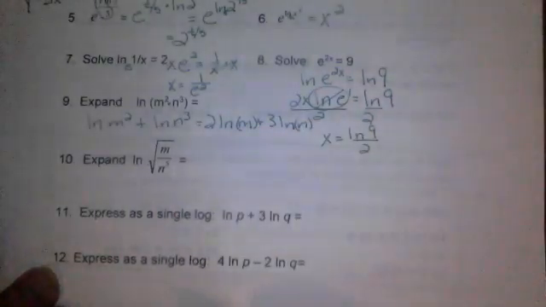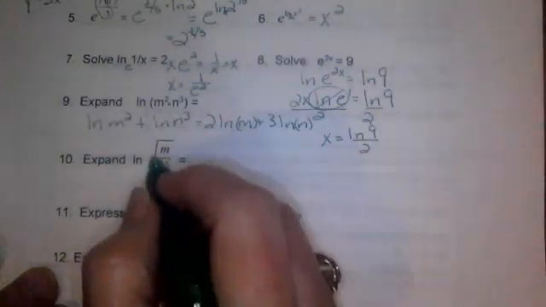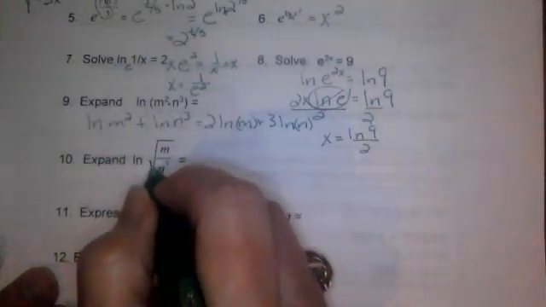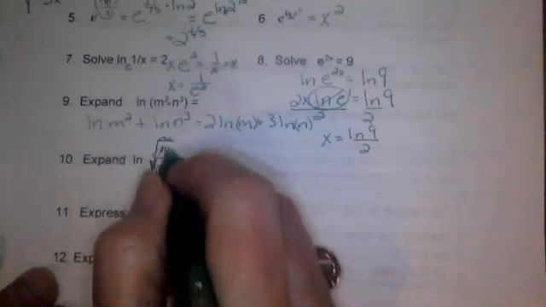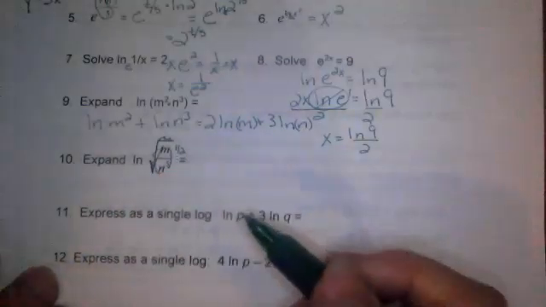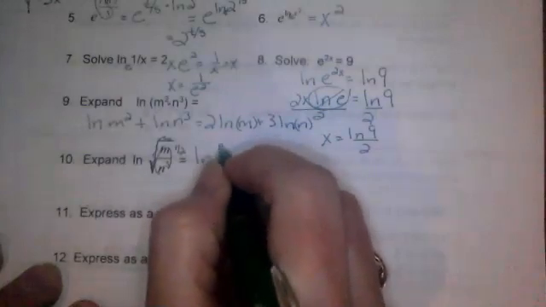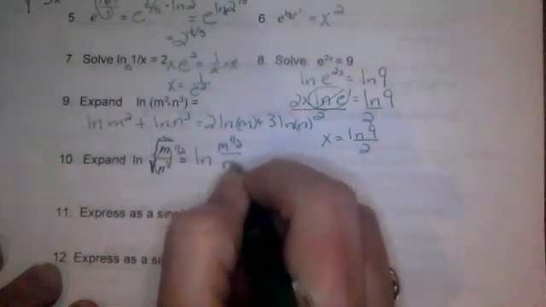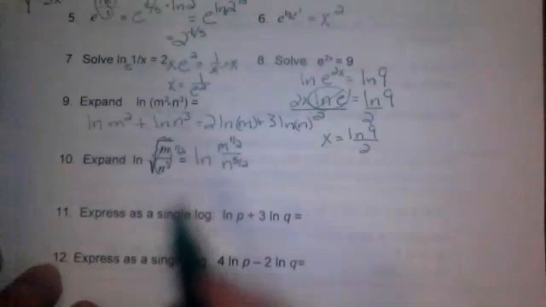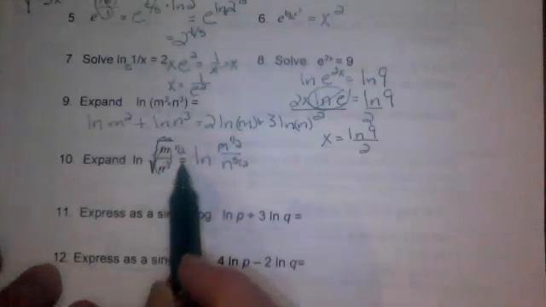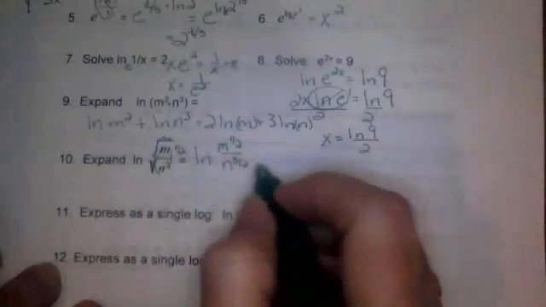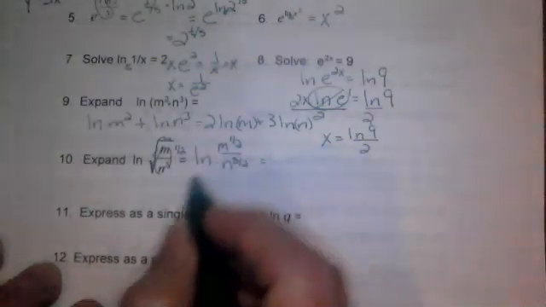All right. Also, number 10 here, the square root is the 1/2 power. So we could replace this with the 1/2 power. And so we have ln of m to the 1/2 over n to the 5/2. Both of those things are raised to the 1/2 power. And then we can separate those. Division becomes subtraction.